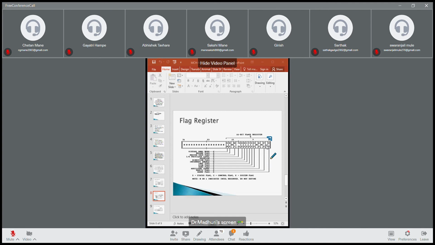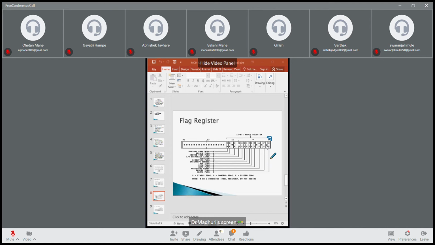Now in the programming model, why have they included this? Because after the execution of each and every instruction, it gives the status. At the 0th position you have the carry flag. Listen carefully, guys. This carry flag will be set by arithmetic instructions like add, subtract, multiply, divide.